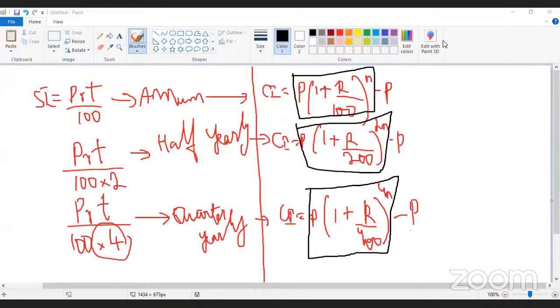So that is what is called maturity. If I consider only how much extra money I will get, that is called interest. If I say the invested amount along with the extra money, then that is called maturity.